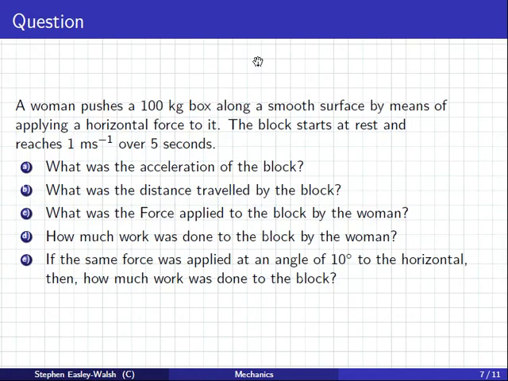Anyways, this example here, a woman pushes 100 kilograms on a smooth surface by a horizontal force. The block starts at rest and reaches 1 meter per second in 5 seconds. Okay. What's the acceleration? Can we calculate that? We know how to do that, don't we? Yeah, so let's calculate that first. You can tell me the acceleration.